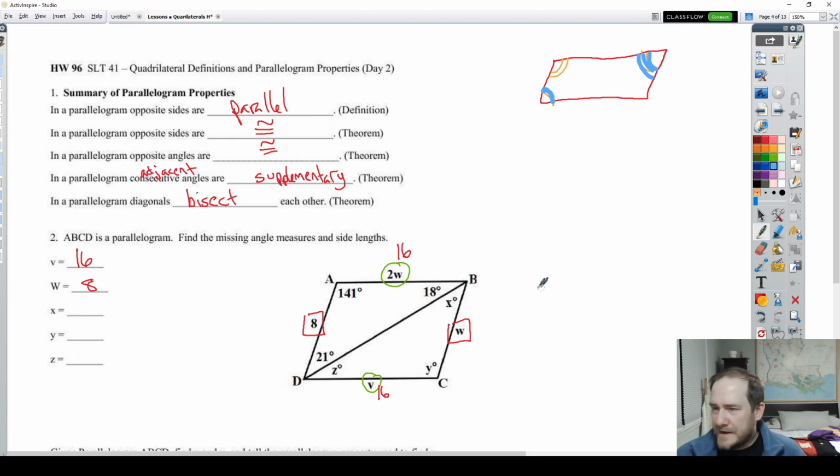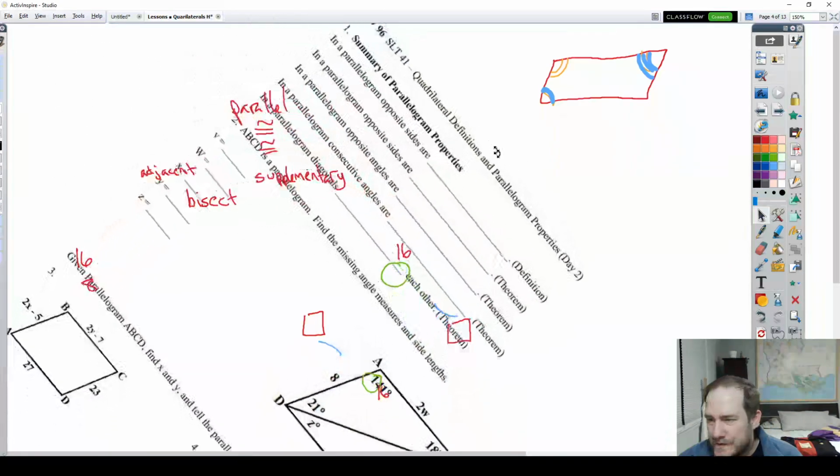We want to solve for x. And what we definitely don't know is that x and 18 are the same. That's not true. But x is the same as the 21. And the reason for that is because of the alternate interior angles theorem. I might have to twist this to help you see it.